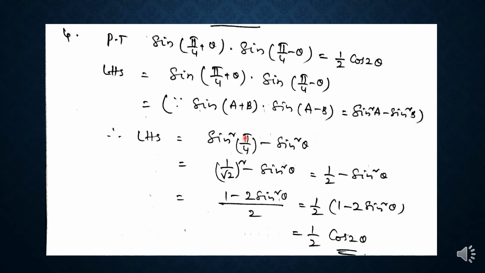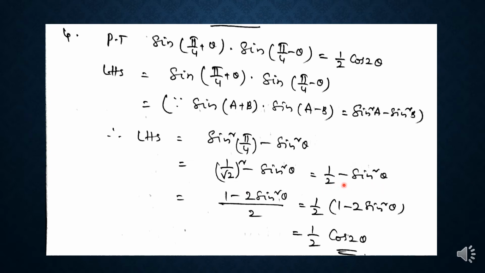Sine 45 degrees is 1 by root 2. So sine square pi by 4 means sine pi by 4 whole square. That is 1 by root 2 whole square minus sine square theta. So 1 by root 2 whole square means 1 square by root 2 whole square, that is 1 by 2 minus sine square theta.